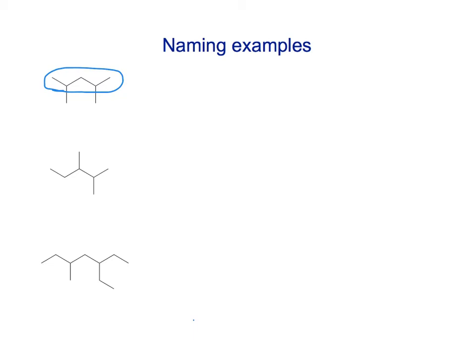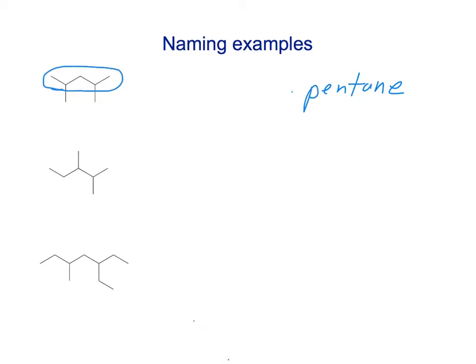Because this parent chain has 5 carbons in it, then the parent name is called pentane. All right, the second part was to name the substituents. So we have a methyl group here and another methyl right here.